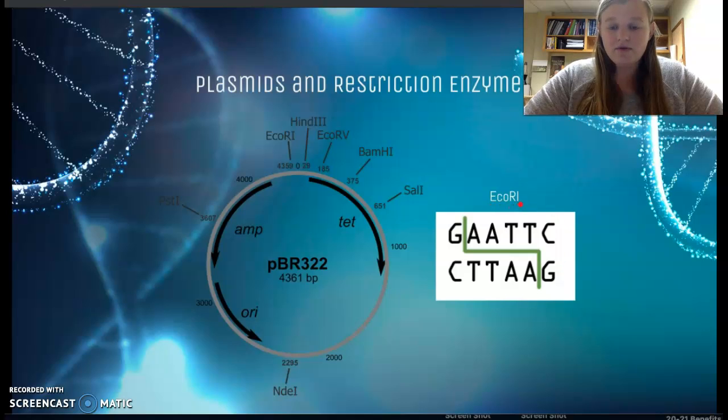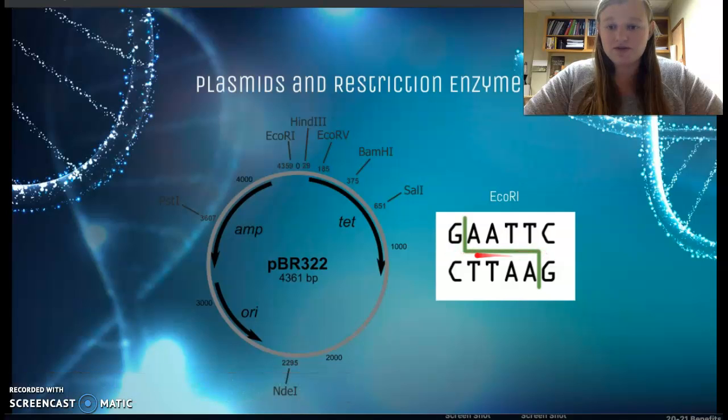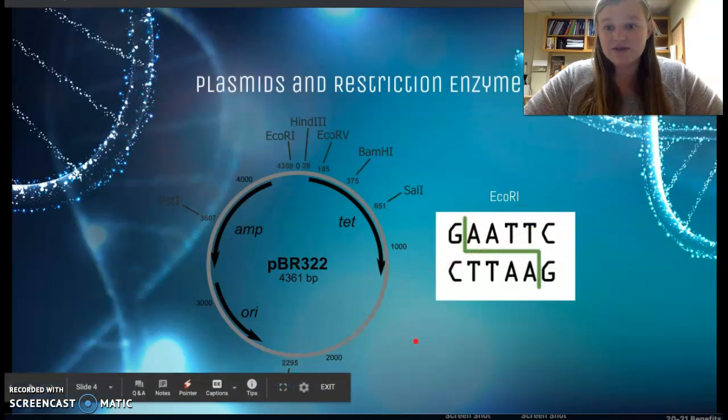EcoR1, one of the most common restriction enzymes, recognizes this sequence, and it will cut the covalent bond between the G and the A here and here, and it will break the hydrogen bonding intermolecular forces between the two strands here. And so what we'll be left with is a plasmid that's sliced open.